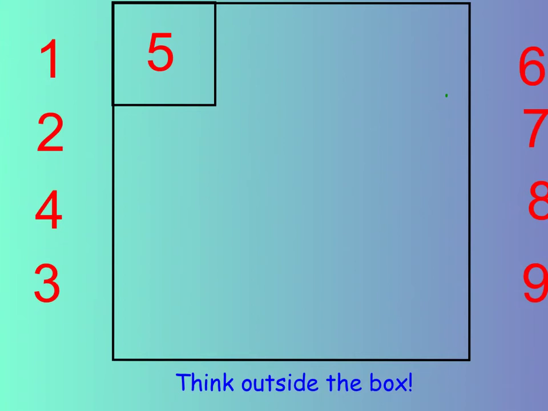Let's start out with something simple like an addition fact. 1 plus 4. We don't have to write equals 5 because we know that 5 is the answer to the name collection box that we're trying to collect here. We could use an addition fact. We could also use a subtraction fact, right? 6 minus 1 is the same thing as 5.